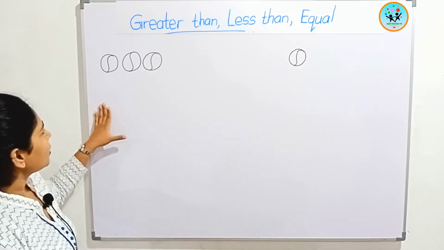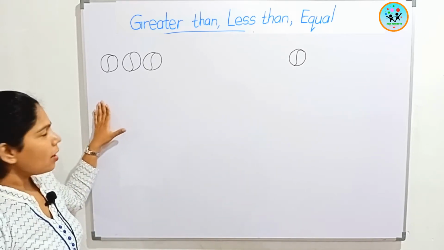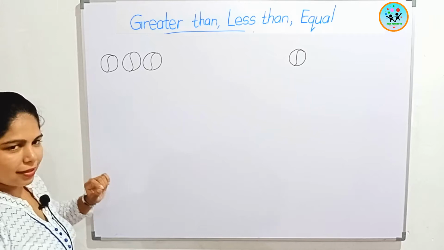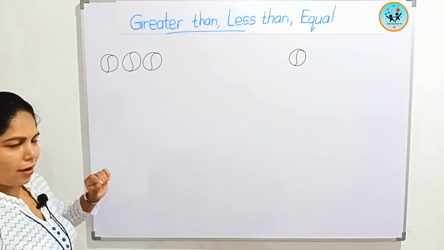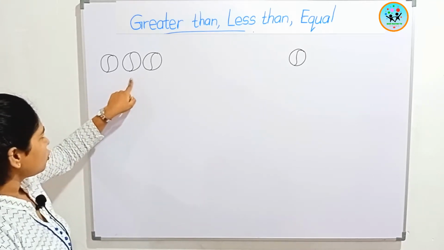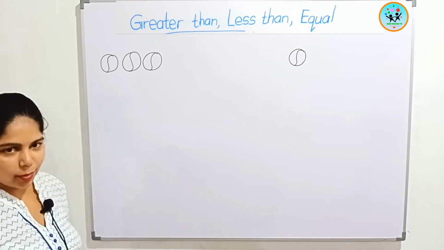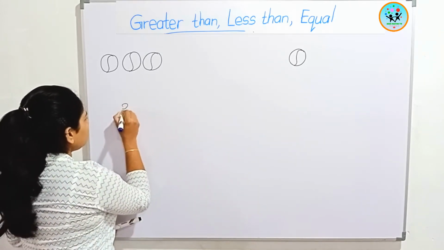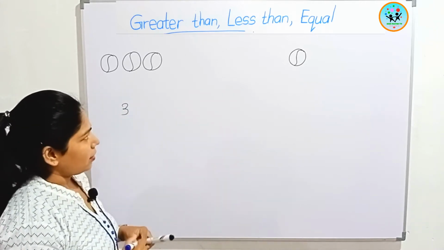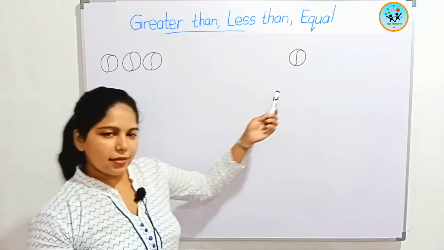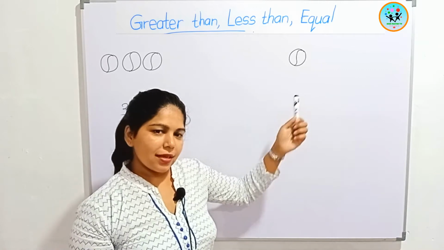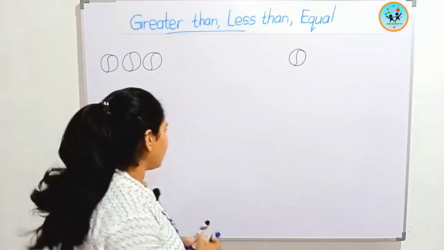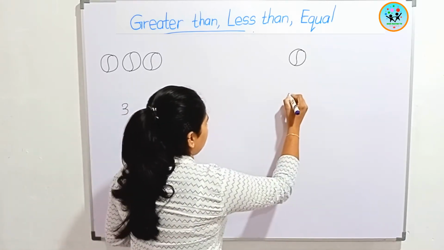First, look at the left side. How many balls are here? Shall we count? 1, 2, 3. How many balls? 3 balls are here. Okay. On the right side, how many balls? Yes, only one ball is on the right side.